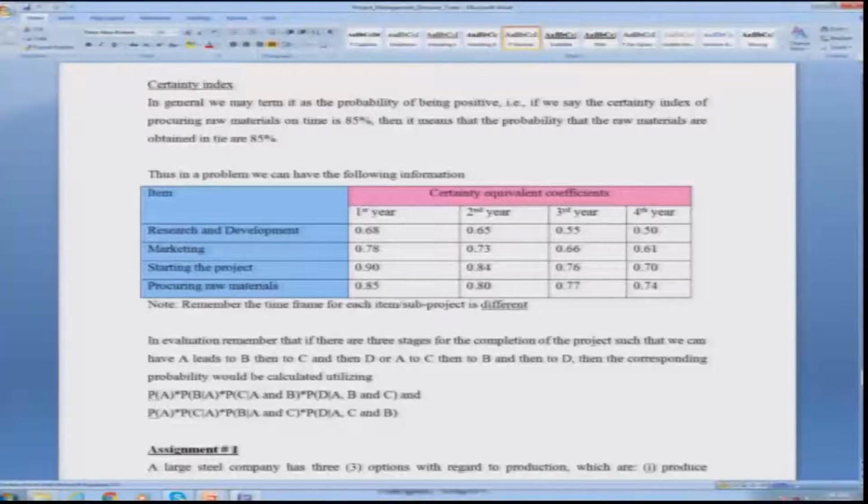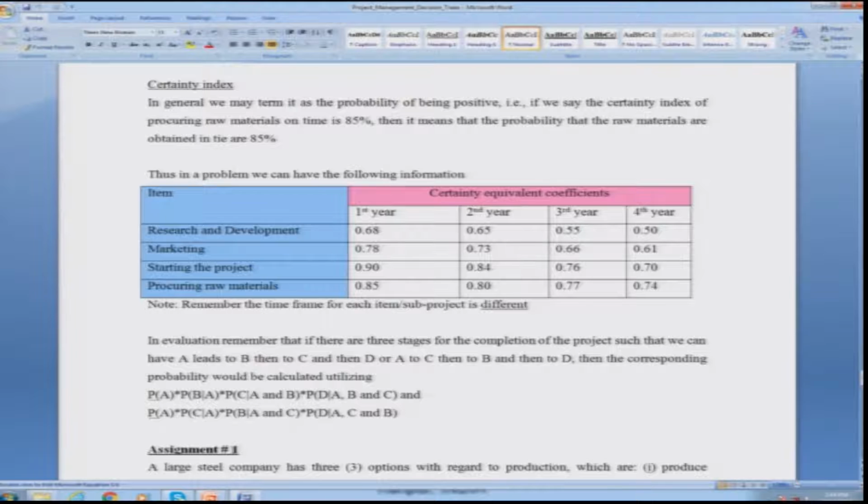So, what you will have is the probability of A, then the probability of B provided A has happened, the third term is the probability of C provided A and B have happened, and the last term is the probability of D provided A, B and C have already happened. So, you can find it accordingly.